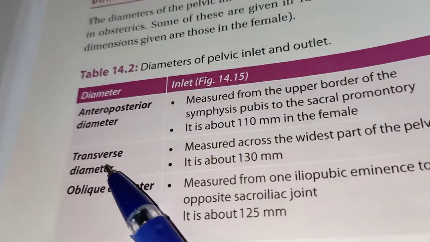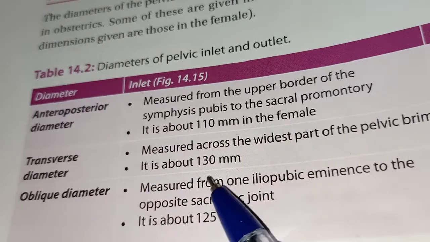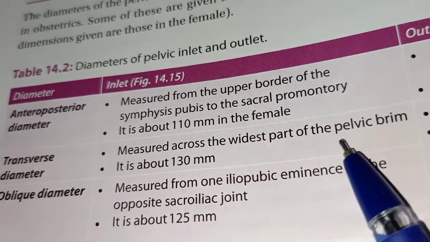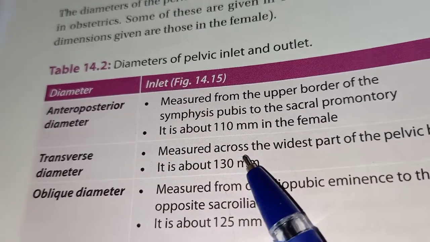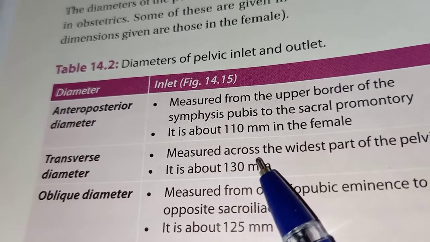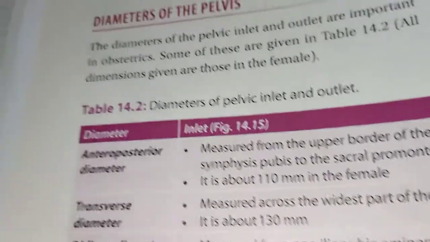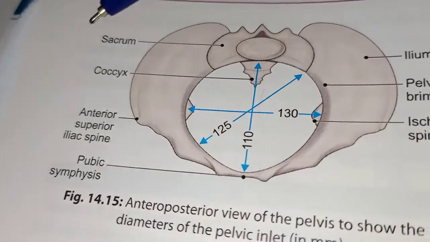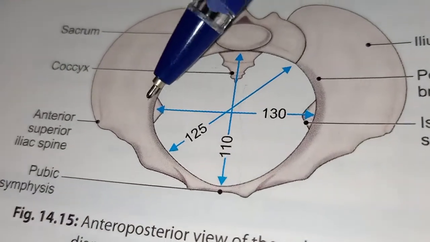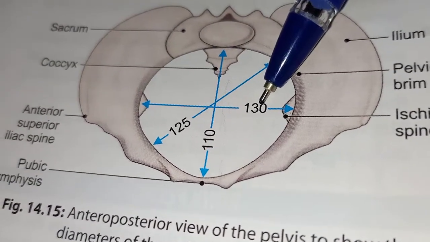Okay, now the next in the inlet is the transverse diameter. It is measured across the widest part of the pelvic brim, the most wide. If you see here the transverse diameter, it is 130 mm.